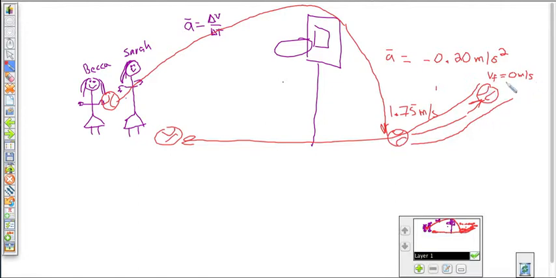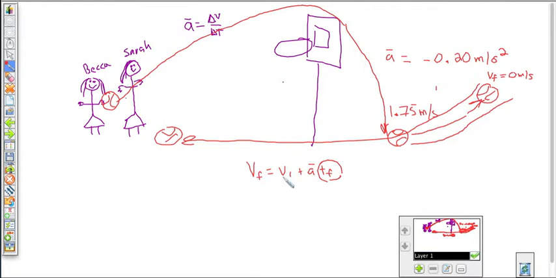So there's our final velocity. We know our initial velocity, and we know our acceleration, and we want to know how long they are going to have to wait. So if we remember our equation, we had final velocity equals initial velocity plus the constant acceleration times the final time. So this is what we want to know, is our final time. That's the variable that we're looking at.